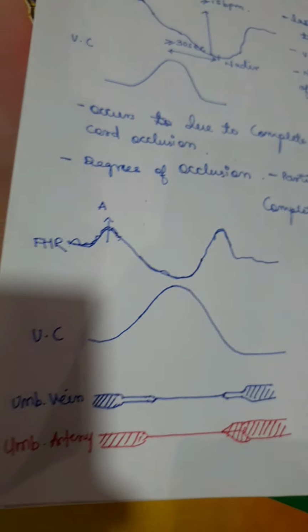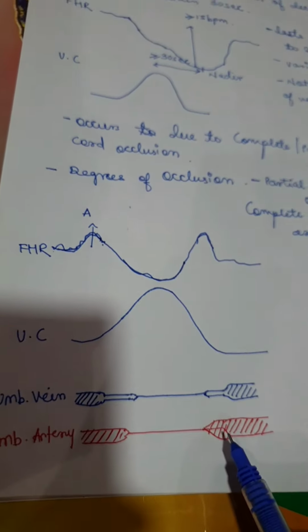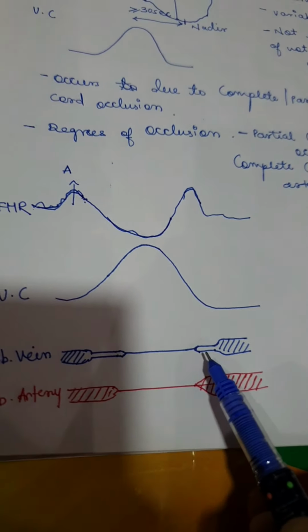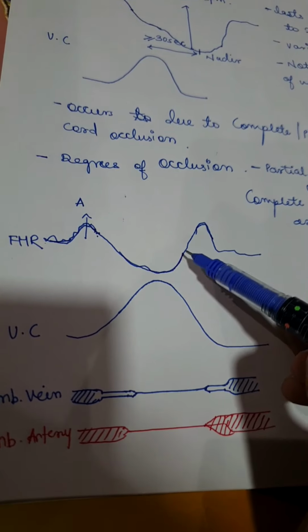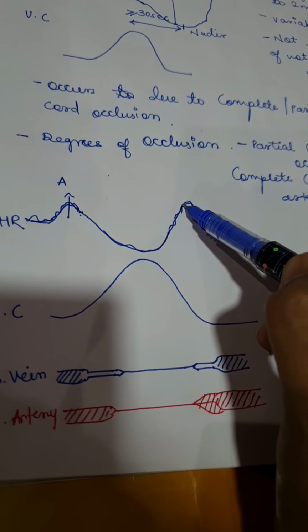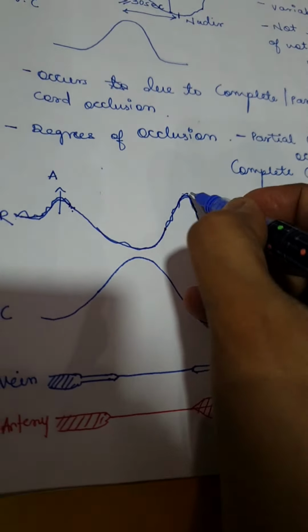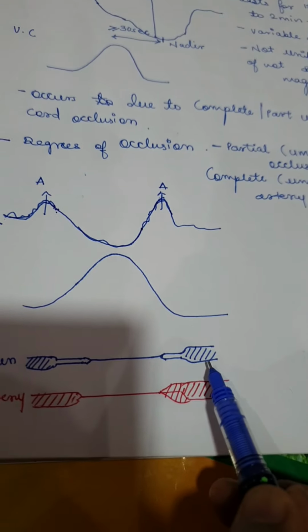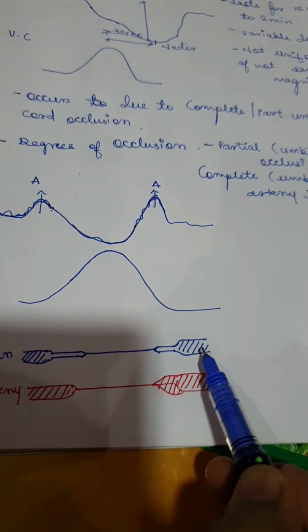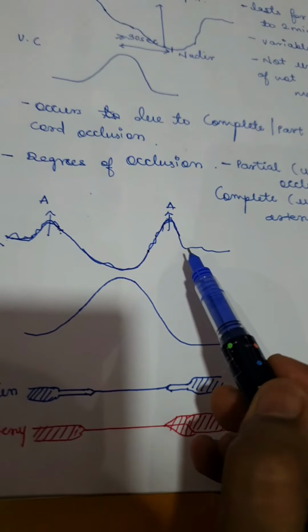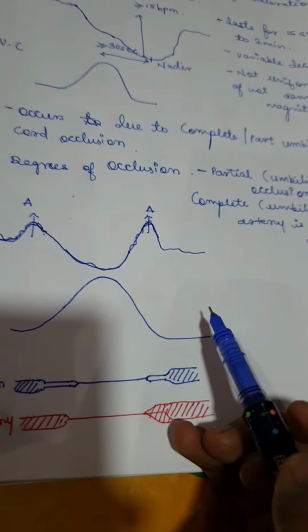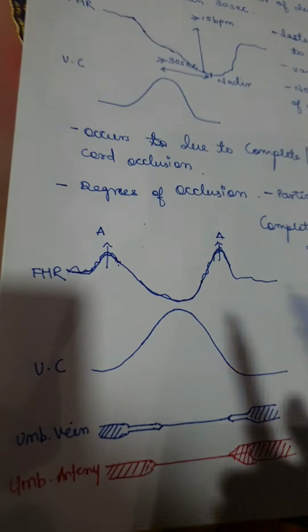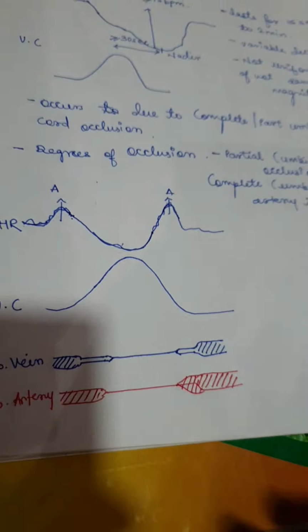So as the intensity decreases, there is again a proper flow in the umbilical artery and there is a partial occlusion of the umbilical vein. So again the fetal heart rate suddenly rises. Here also there is an acceleration. And as it subsides, again there is a proper flow in the umbilical vein and the fetal heart rate also comes to the normal level. This is called a shoulder, where you see the acceleration as well as deceleration.